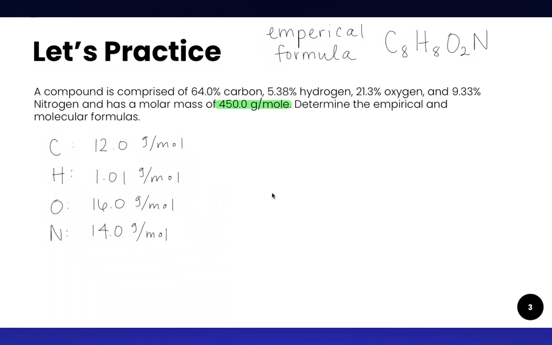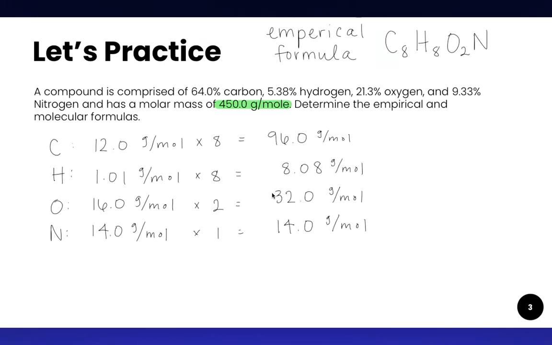We'll multiply the carbon atomic mass by 8, hydrogen by 8, oxygen by 2, and nitrogen by 1. So the empirical formula has a molecular mass of 150.8 grams per mole.